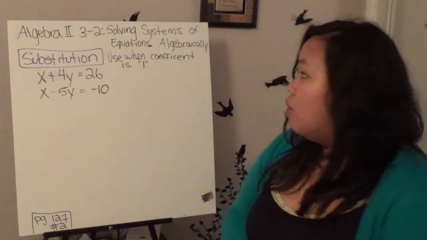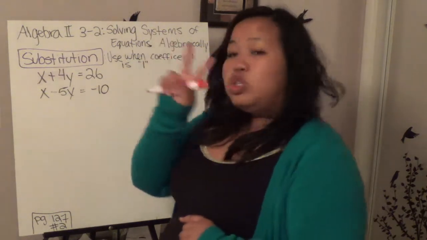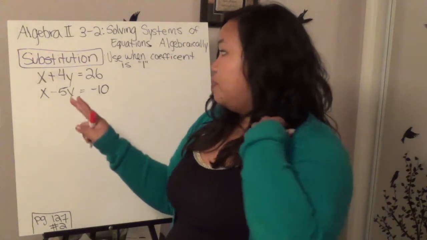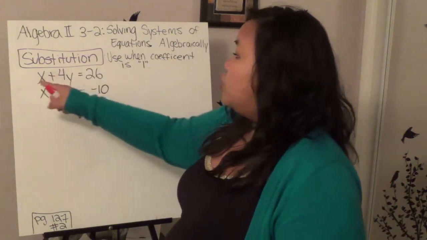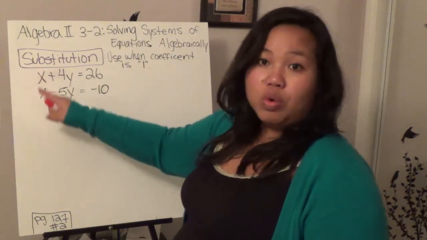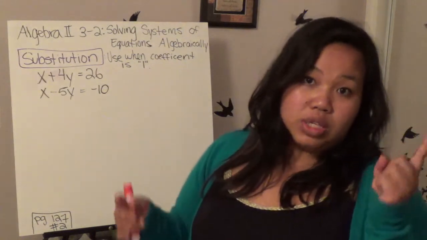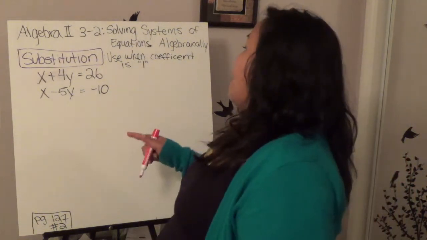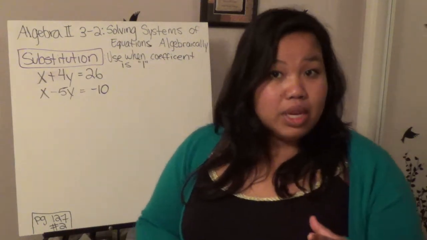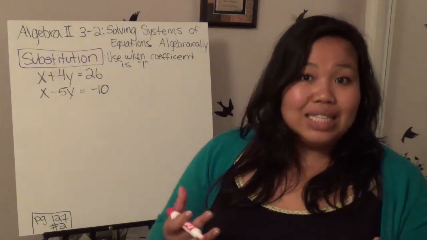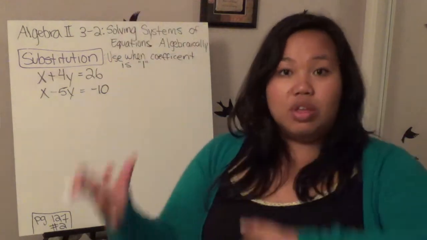For example, we have two letters here that we can use. We can use this x or this x. Both of them have no number in front of them, so that means the number is 1. So I'm going to solve for that specific letter. When I say solve, what does that mean? It means I want to isolate that letter, so bring everything else to the other side.